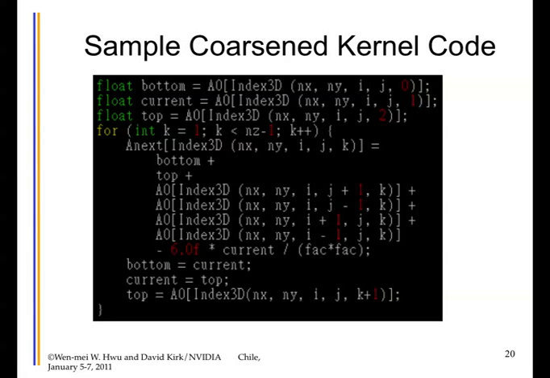So you start with 2, bottom and current. Let's assume that we're going from bottom up. You load the bottom element, you load the current element, and then you load the top element. These are the 3 you start with.